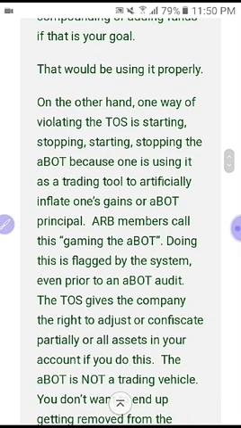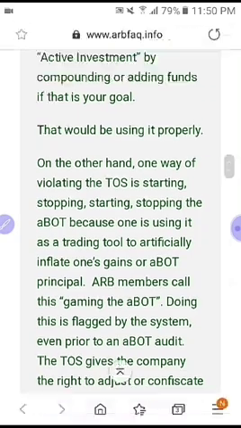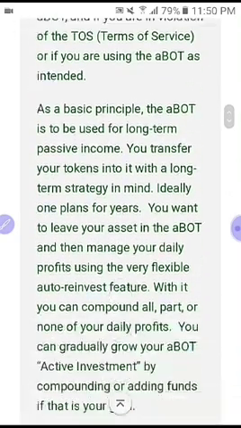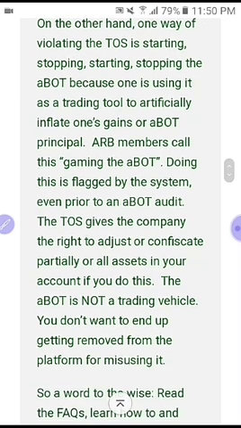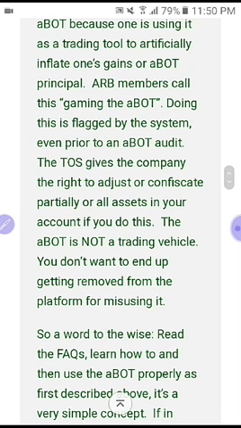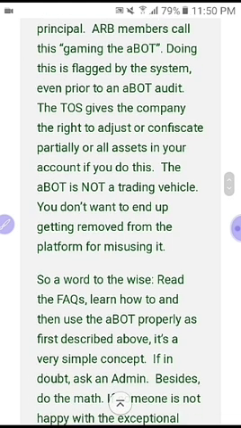On the other hand, one way of violating the TOS, that means the terms of service, is starting and stopping the app because one is using it as a trading tool to artificially inflate one's gains on the IBOT principle. The ARB members, like we saw a minute ago, call this gaming the IBOT, and doing this is flagged by the system even prior to an IBOT audit.